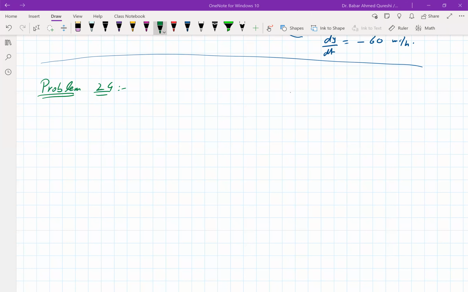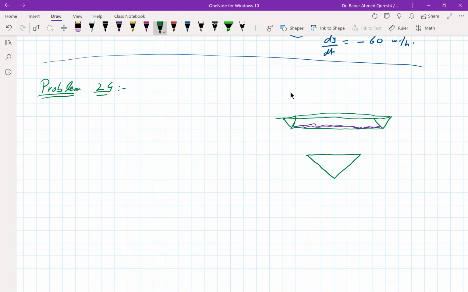So a trough is 10 feet long. It's like this, something like this. And it's being filled with water. And if I look at it from this angle, something like this, this is its cross section.